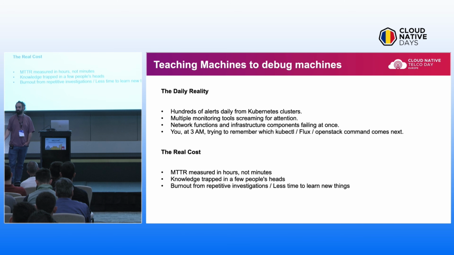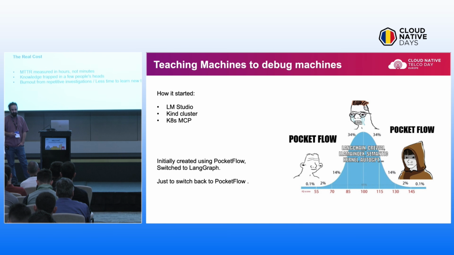When you get called at 2 a.m., it's going to take a while until you actually start doing stuff. Knowledge is trapped in individuals who might leave the team, and that knowledge is gone with them. And you also get a sort of burnout, or actually boredom, from handling the same repetitive incidents time and time again.